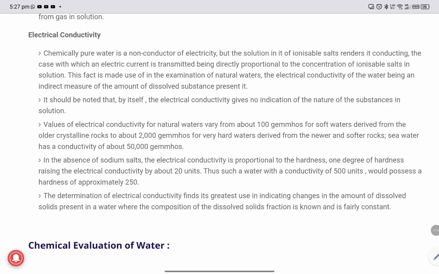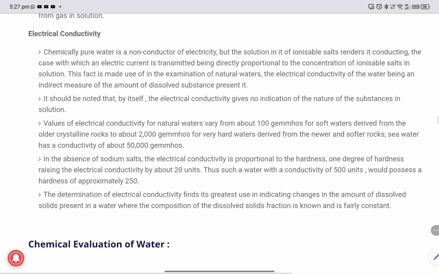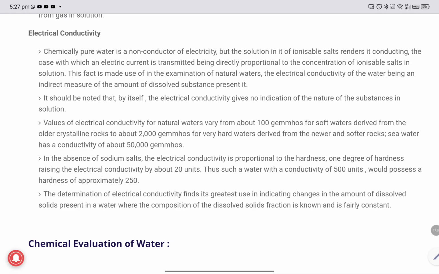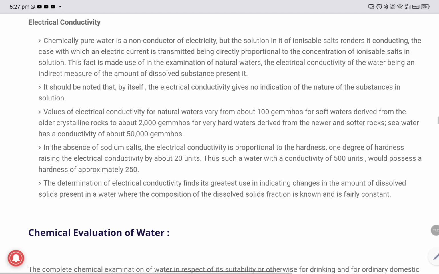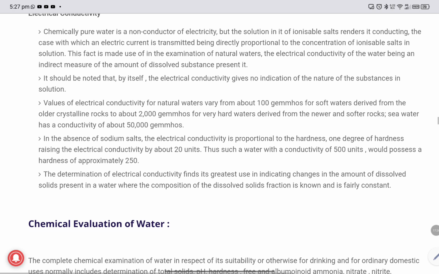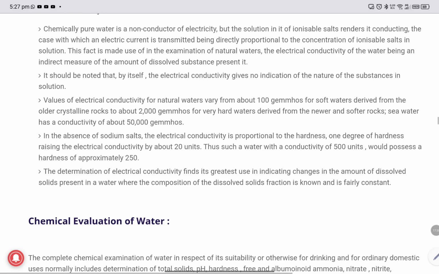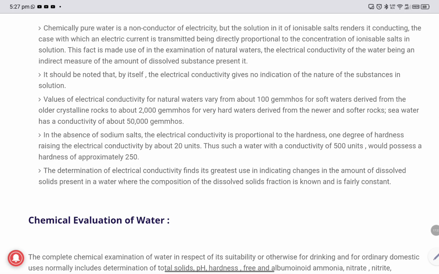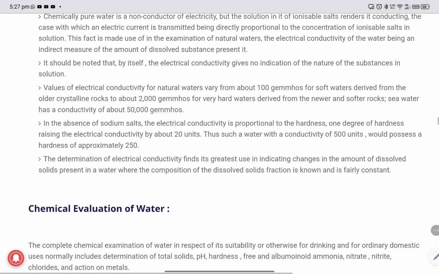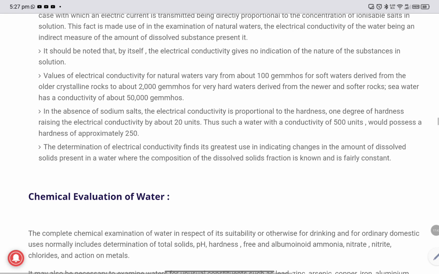This fact is made use of in the examination of natural water, the electrical conductivity of the water being an indirect measure of the amount of dissolved substance present in it. It should be noted that by itself the electrical conductivity gives no indication of the nature of the substance in solution.